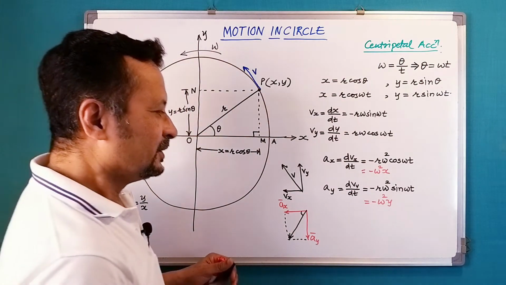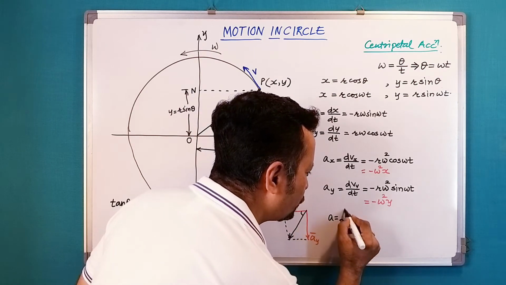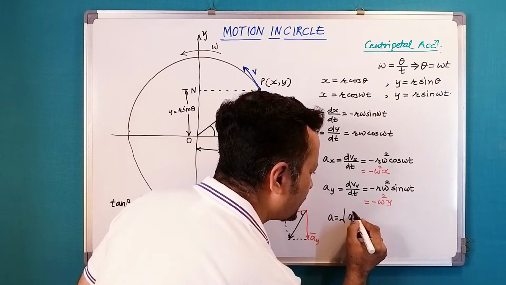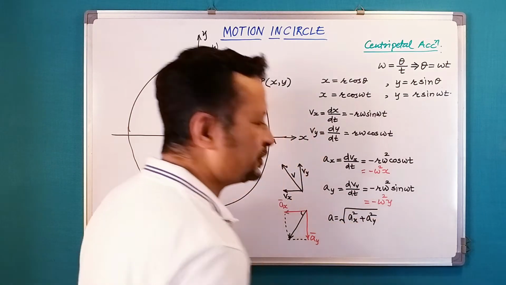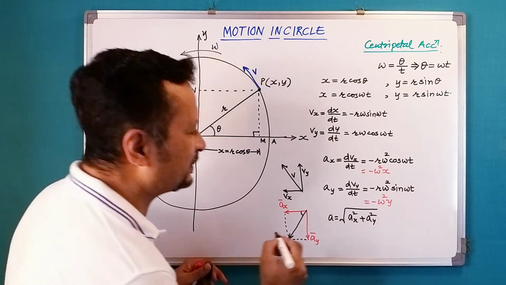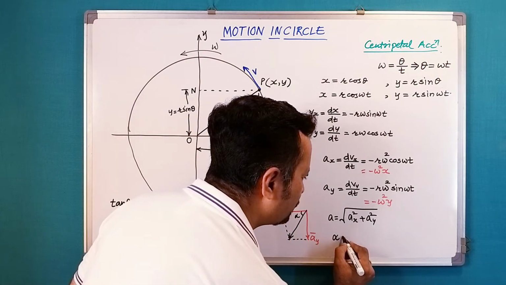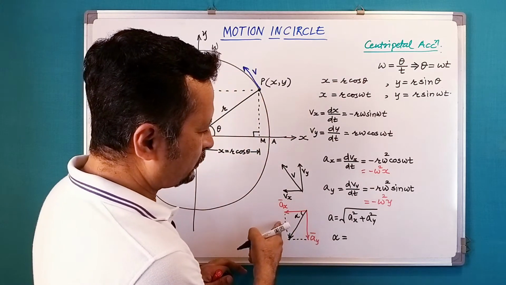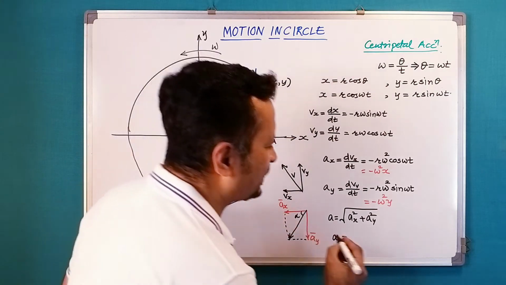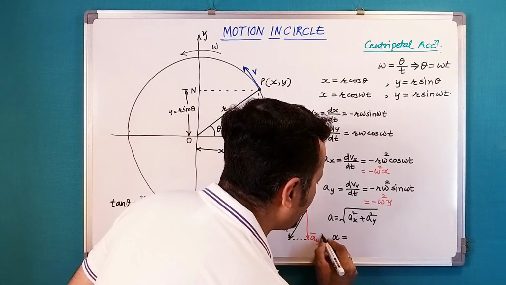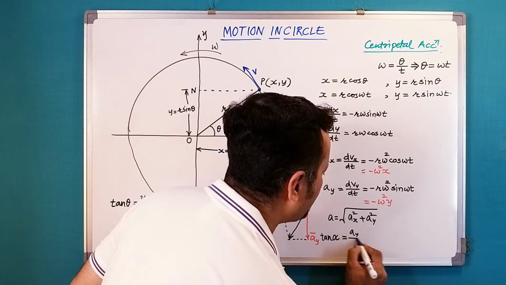So my a would be equal to root over ax square plus ay square, where I get the magnitude, and for direction, if I call this angle alpha, then this is ay and this is ax, isn't it?